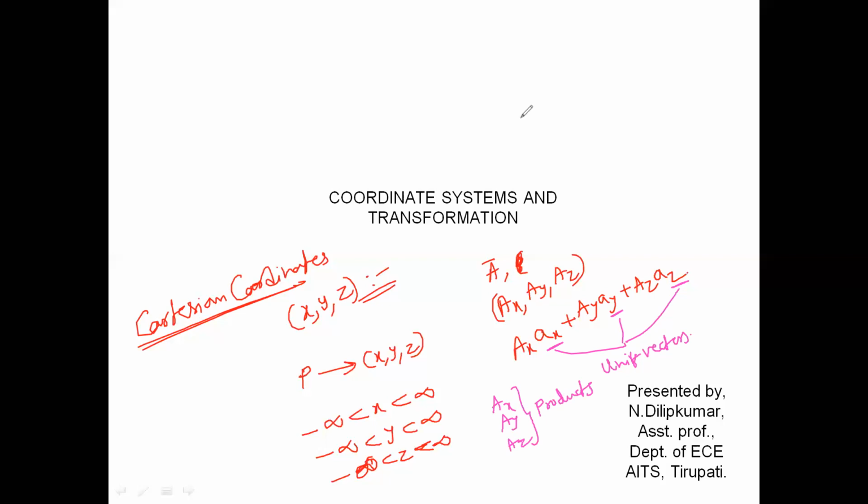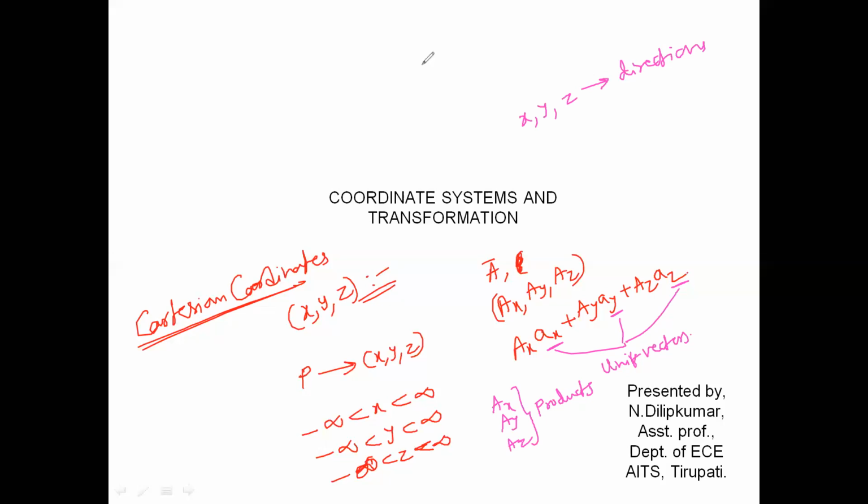And x, y, z are called the specific directions in that respective coordinate system. This is about the Cartesian coordinate system, where the point is represented in the form of x, y, z.